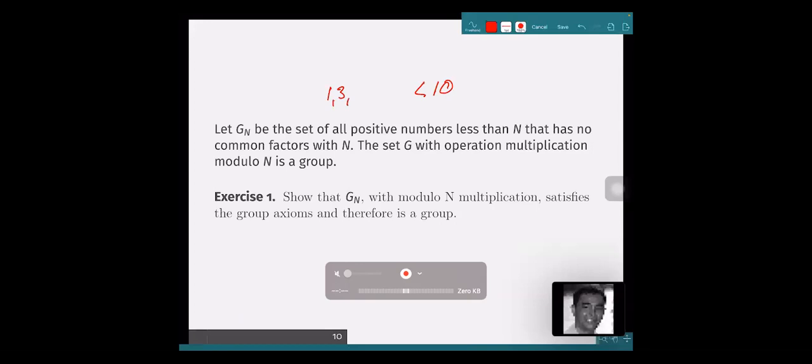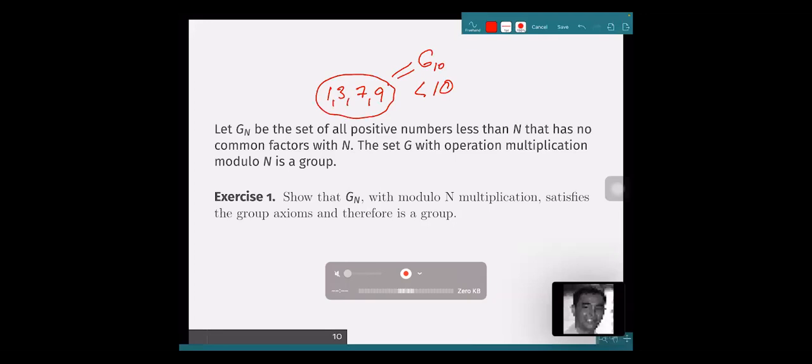1, 2 is not, 3 we have 3, 4 is not, 5 is not, 6 is not, 7, okay, 8 is not, 9, okay. So these, we call this G of 10.